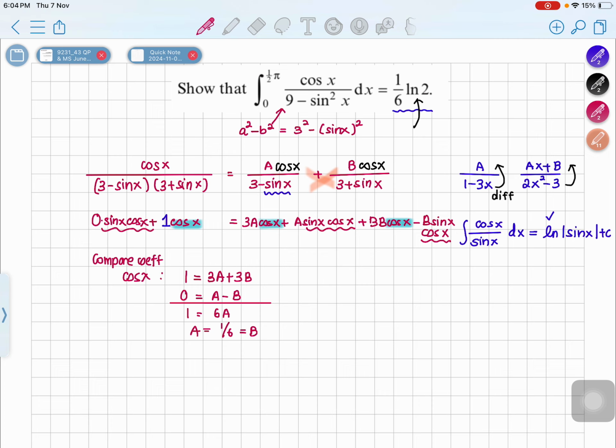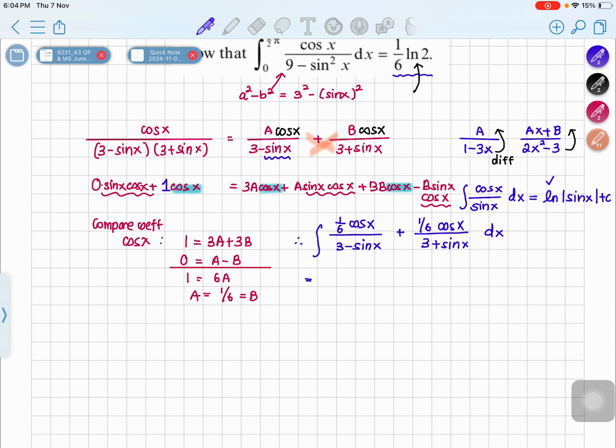Once you have reached this step, you can start writing. So I am going to integrate 1 over 6 cos x over 3 minus sin x, plus 1 over 6 cos x over 3 plus sin x, with respect to dx.